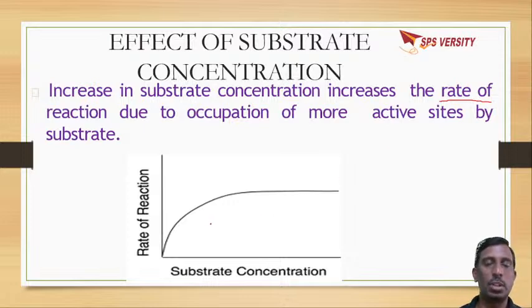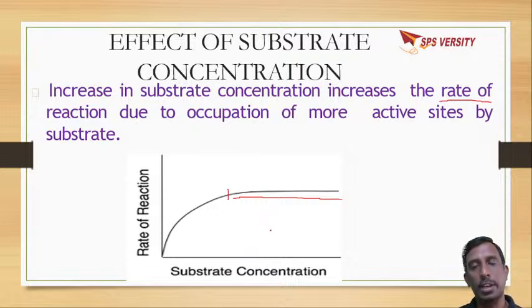If you look at the graph, you can see there is an increase up to this point, but later on it has come to a constant state. Even if we increase the substrate concentration, the rate of reaction remains constant.